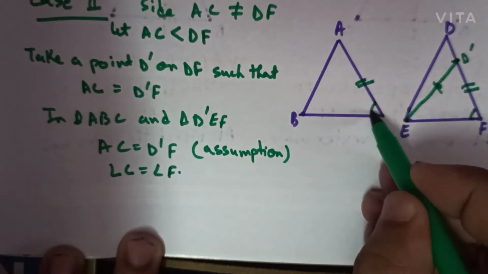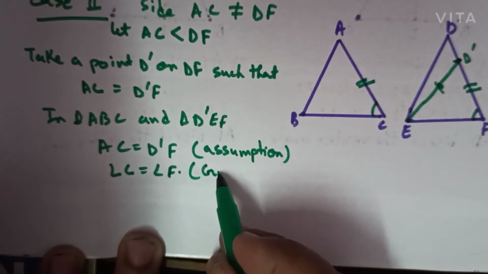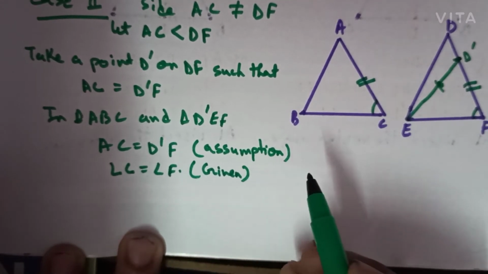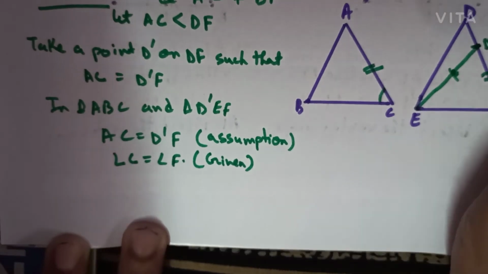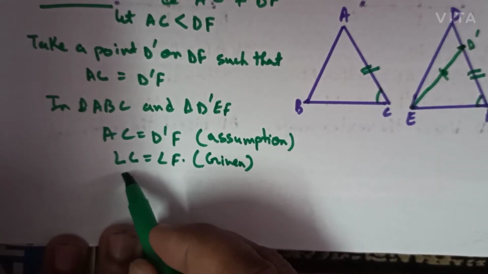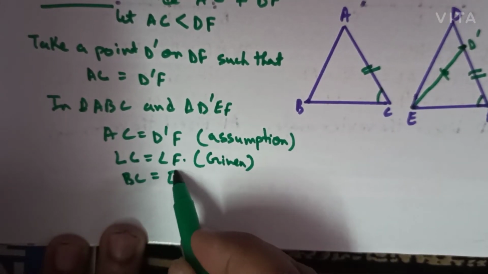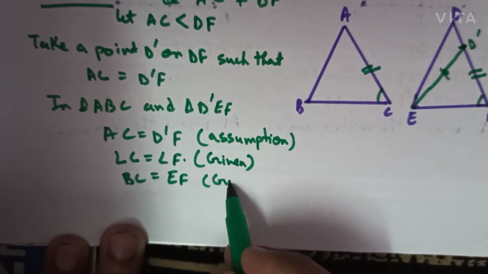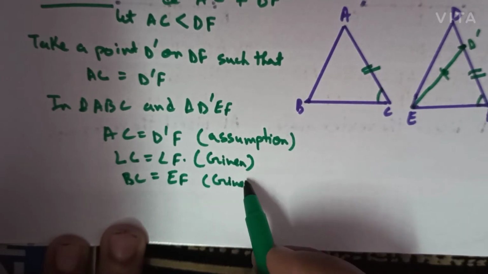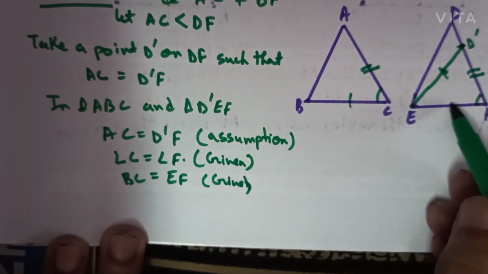And one more thing is that BC is equal to EF, this is also given in the question.